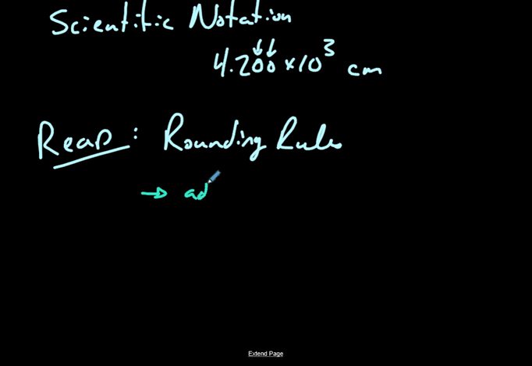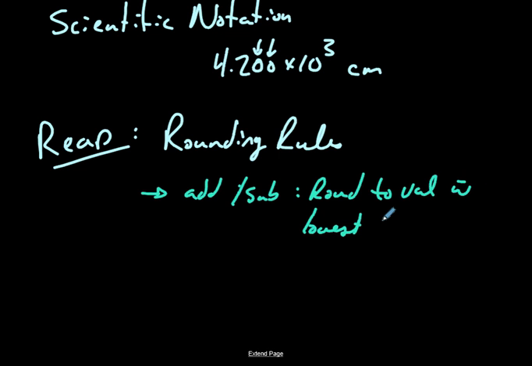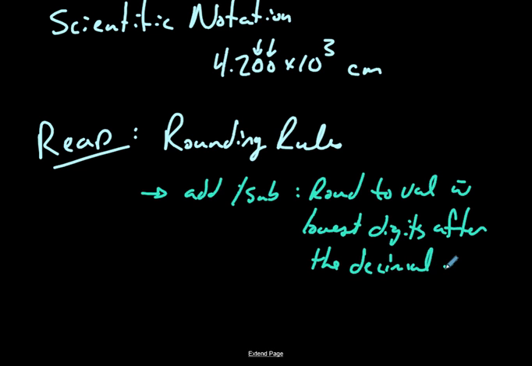When you add or subtract, round to the value with the lowest digits after the decimal place. Okay, so that's pretty straightforward.